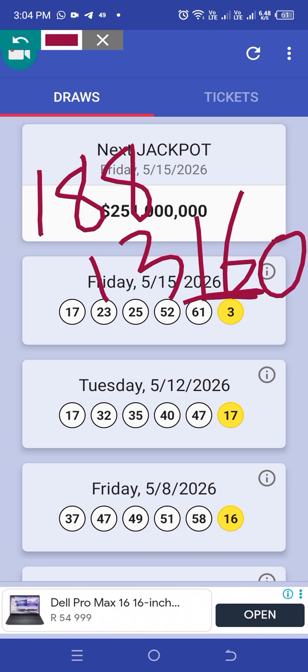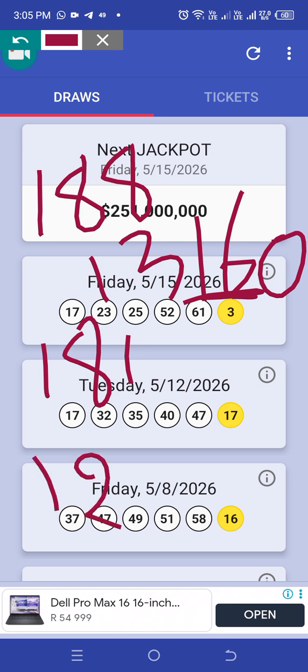Right? So now, the total number this time around is what? Let me see again. 181. When you multiply by the total number of the draw, it's 12, 6, and 7. The answer is 1267.